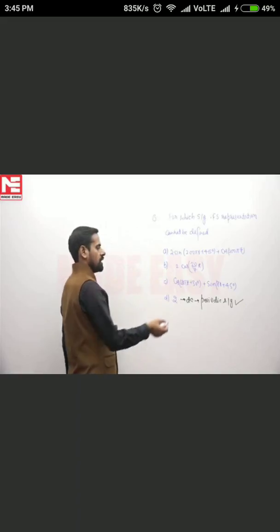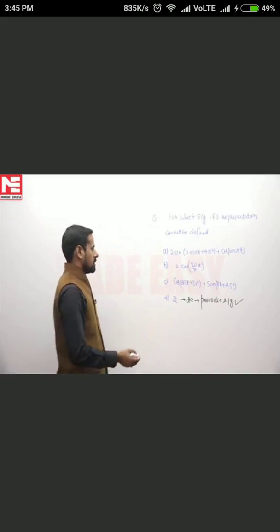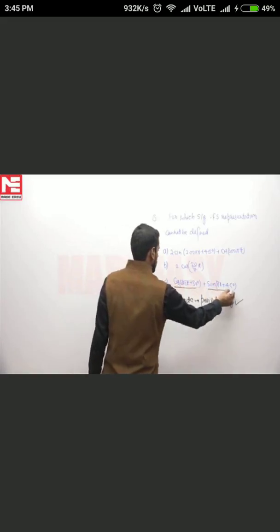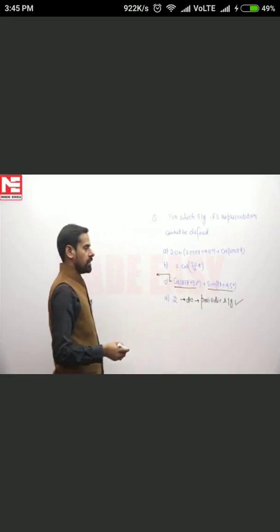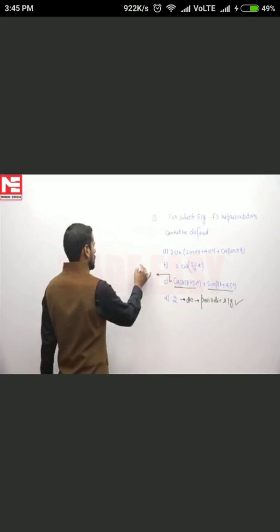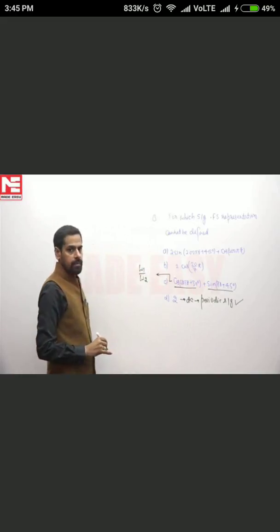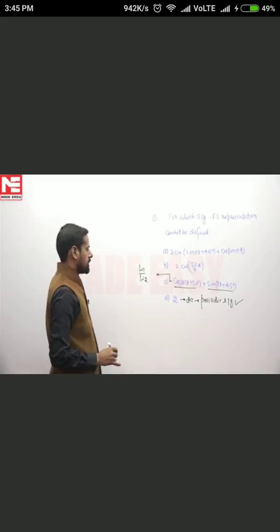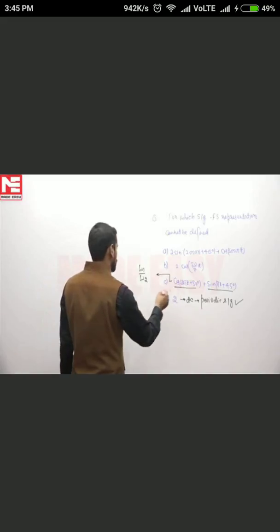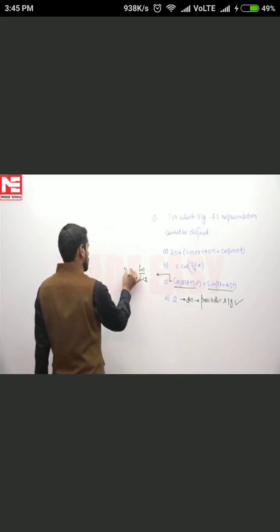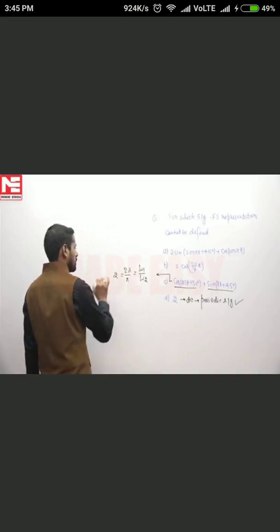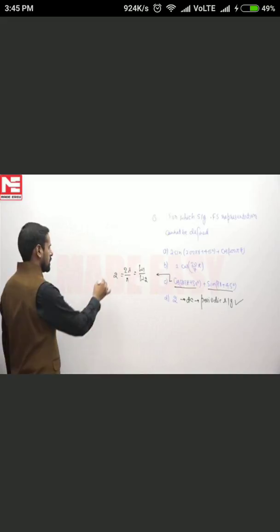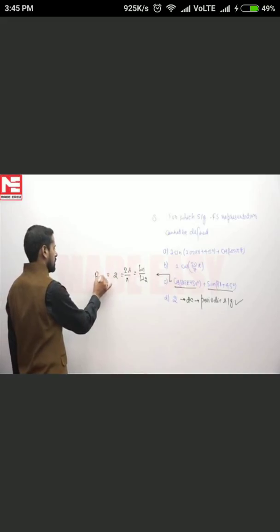Option C is again periodic. Here these two terms are periodic and the resultant term will be periodic if the ratio of their frequencies is a rational number. So in option C, if we check the ratio of frequencies, then it will be equal to 2, and 2 is a rational number.